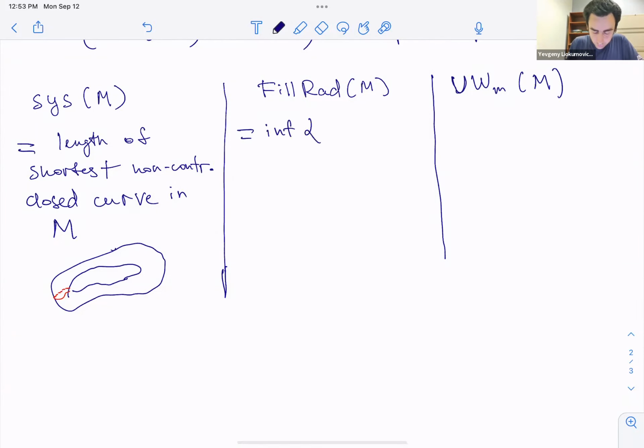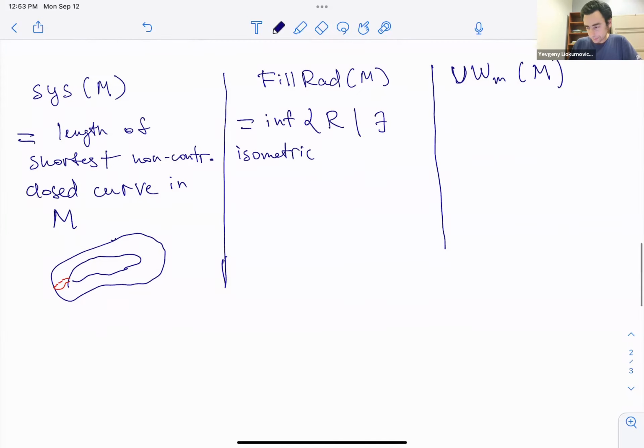The filling radius is defined in the following way. It is the infimum over all radii R, so that there exists an isometric immersion.